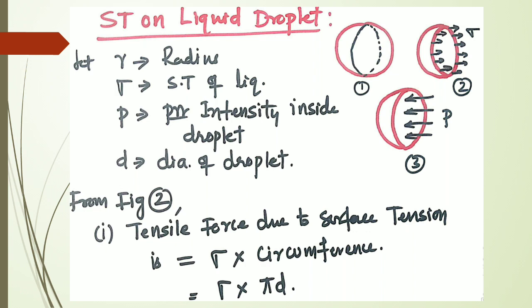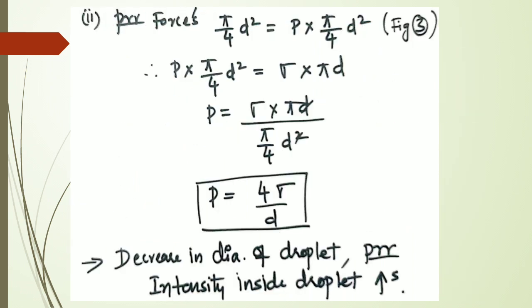From figure 2, the tensile force due to surface tension can be written as sigma into circumference, or sigma into pi d. The pressure force, from figure 3, is pressure into area, that is P into pi by 4 d square.